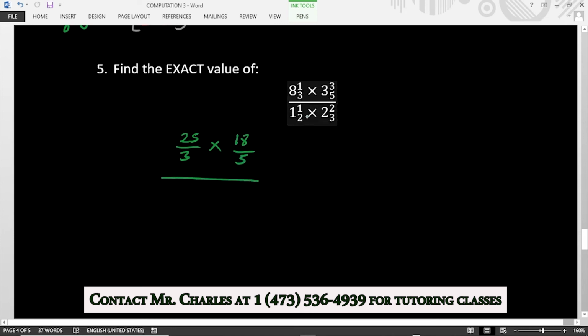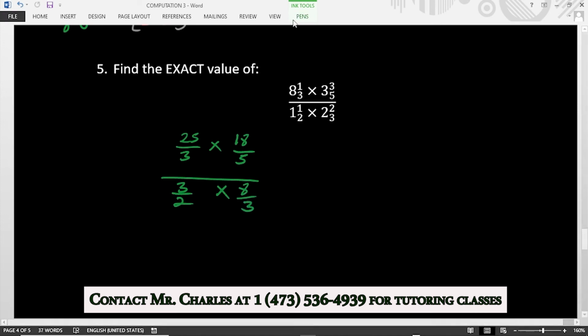Divide that by 2 1s are 2 and 1 is 3 over 2, times 2 3s are 6, or 3 2s are 6, plus 2 is 8 over 3.